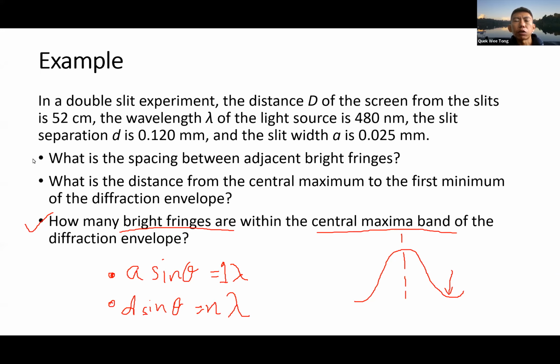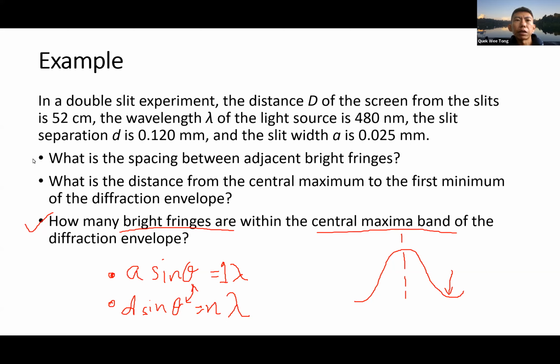But here we are talking about angular position, it's implied. So it's not so important to know where it is on the screen. What is important is the angle from the principal axis. So we want to equate these two theta, i.e. equate the two sin theta.